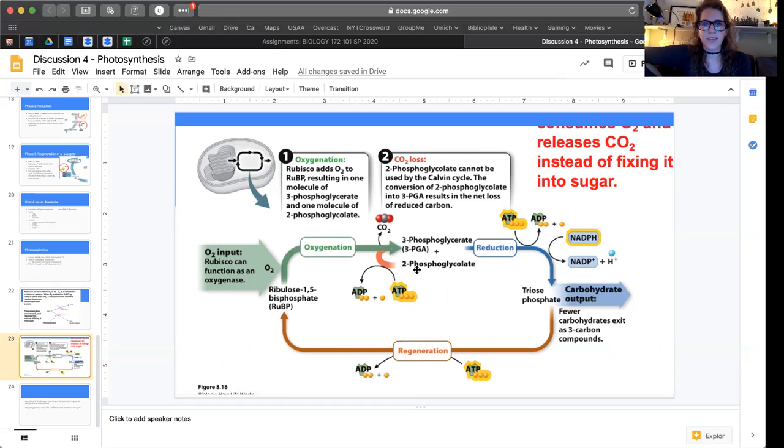And then this is going to be our waste product. And then this will continue on as expected, but you're going to get fewer carbohydrates in the form that we want, in the triose phosphate form. So that's why we don't appreciate Rubisco as much, because it can undergo these 2 reactions, one of which will inhibit the other and is not favorable.